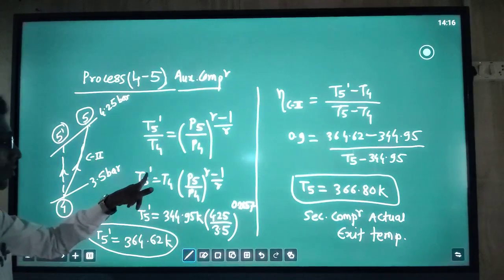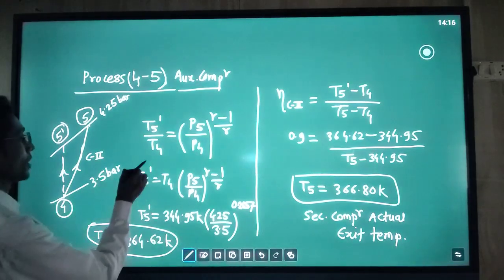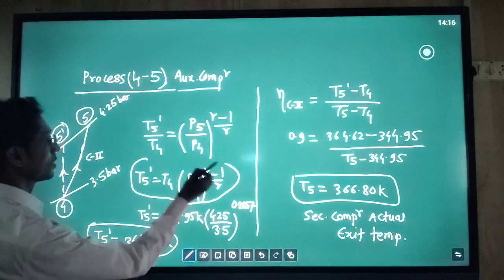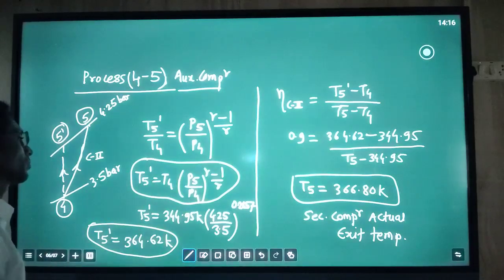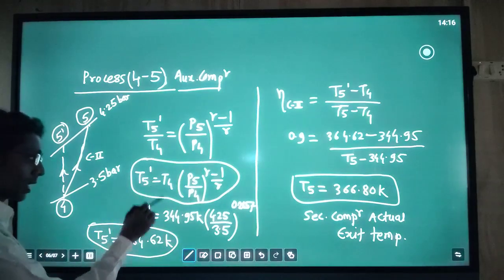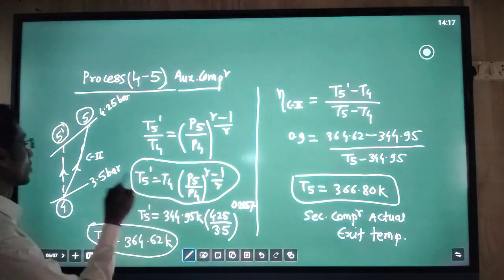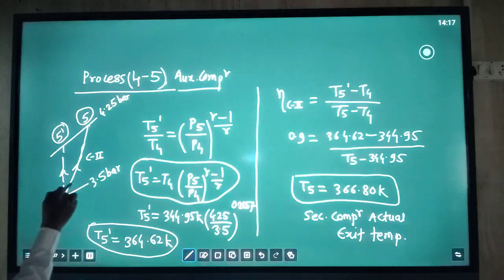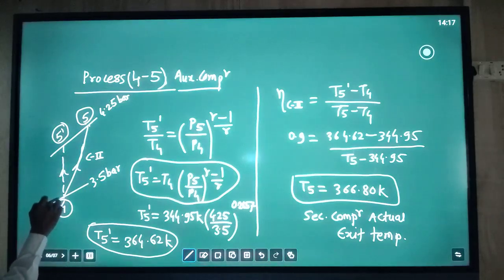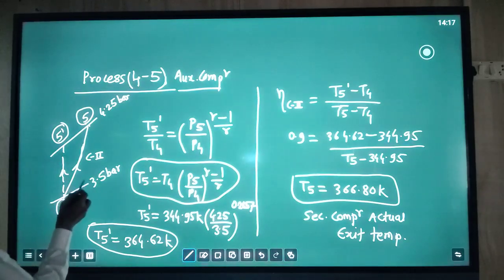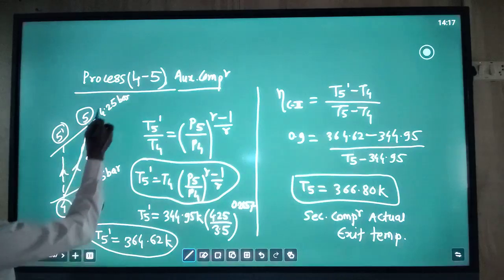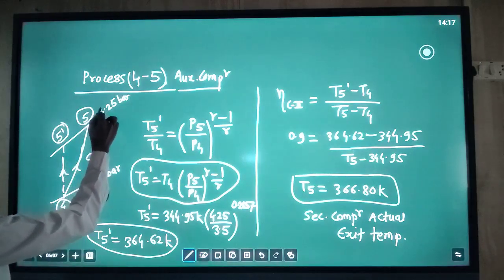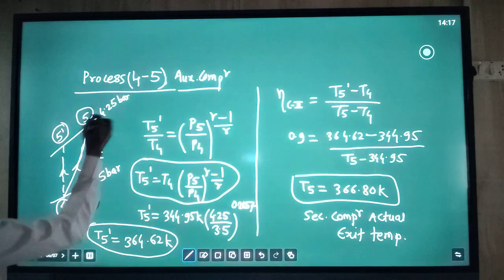Here the unknown is T5 dash, so we have arranged the formula in the form of T5 dash. T4 we calculated, and P5 and P4 are given. 3.5 bar is the pressure at point number 4, the discharge pressure after the main compressor, which is the entry pressure for the secondary compressor. And this is the exit pressure of the second, auxiliary compressor.